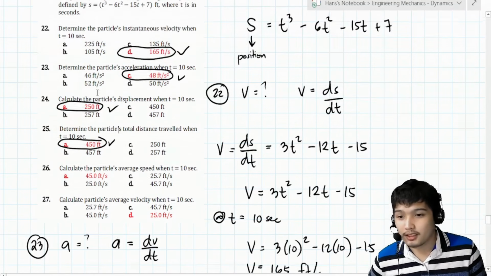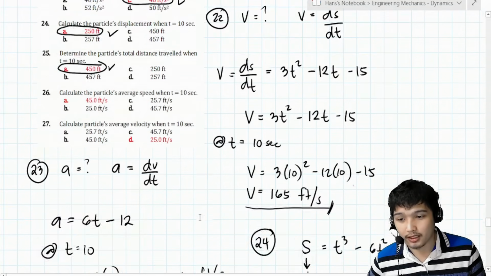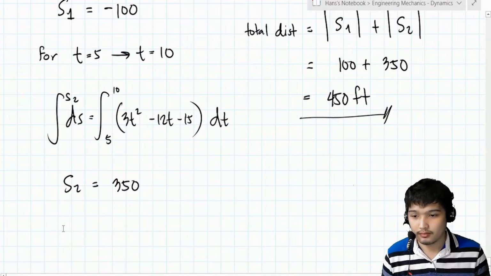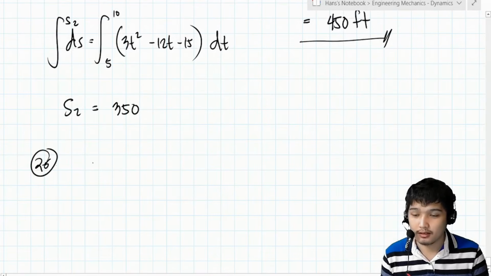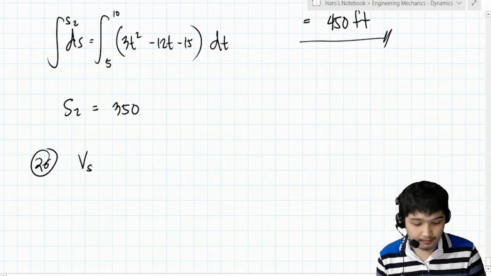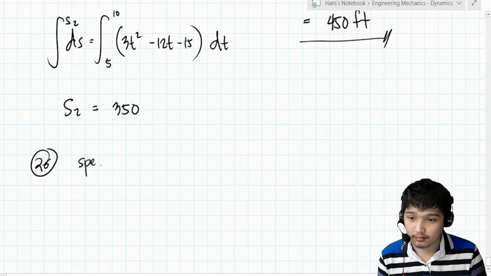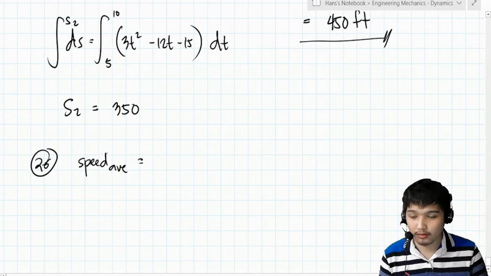Okay, no? So lastly, ito madadali na to, guys. Calculate the particle's average speed saka average velocity. So dito tayo, 26. Okay, average speed, no? So, nagawa na natin to last time, how to solve for the average speed.